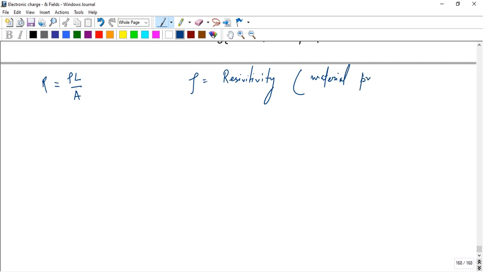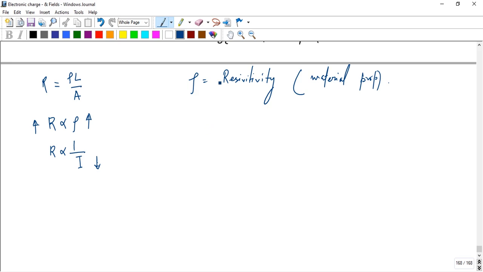R is directly proportional to rho, but R, from Ohm's law, is inversely proportional to I. More resistivity means more resistance, and more resistance means less current.